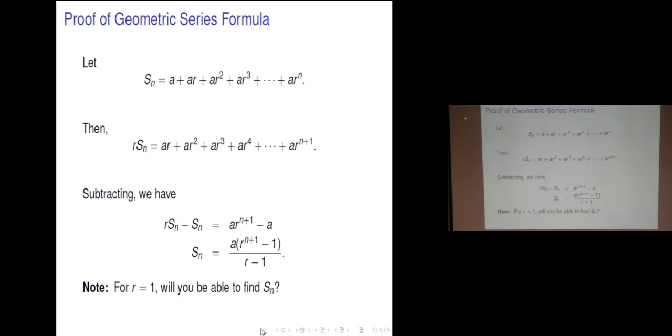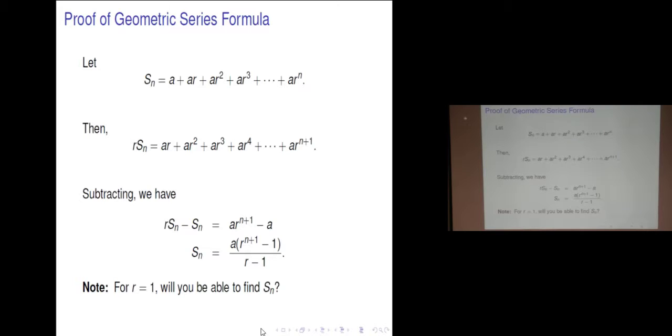Because you have a minus sign here, minus a survives, and the positive a here survives. The minus ar with positive ar get cancelled. Now minus ar squared and positive ar squared get cancelled, so this one disappears. And then this term also disappears, because this is minus a times r to the n, but here you have a positive a times r to the n. So these two also cancel.